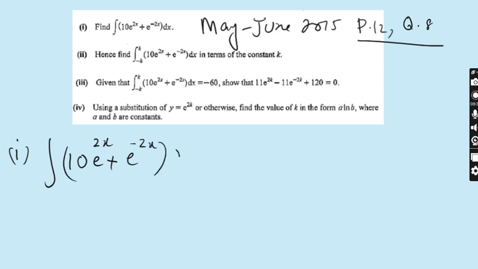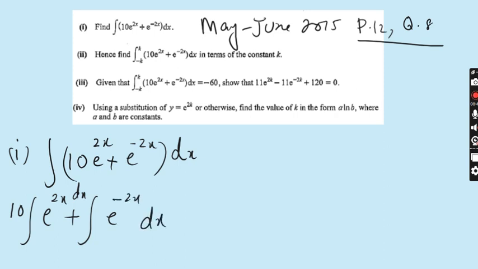minus 2x dx. Very easy. Tan goes outside. The integral of e 2x plus, sorry, I forgot to put dx, e minus 2x dx.